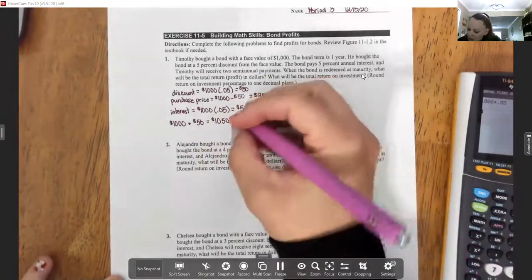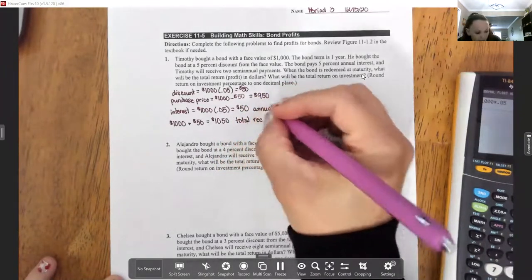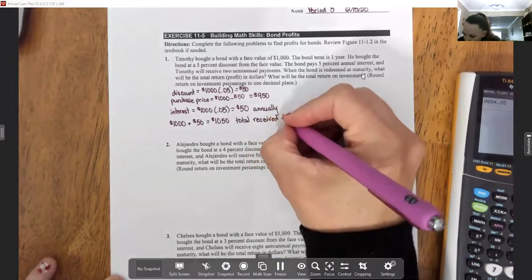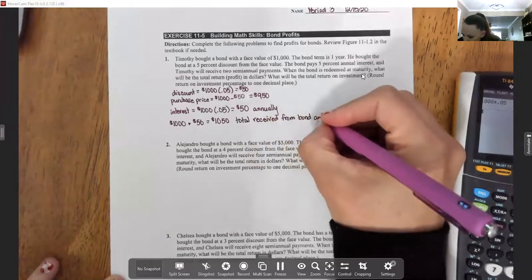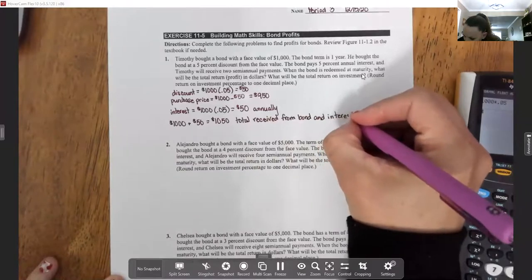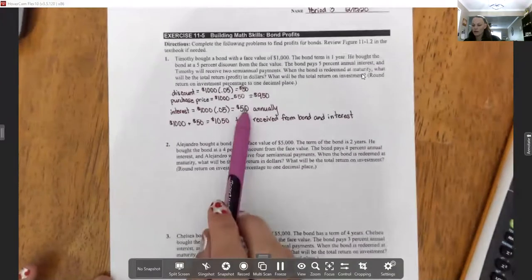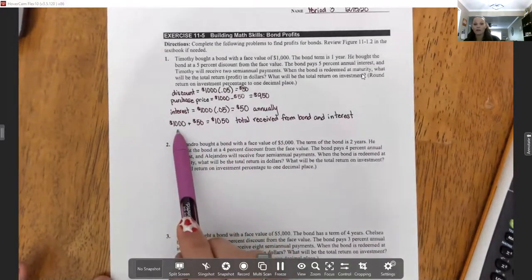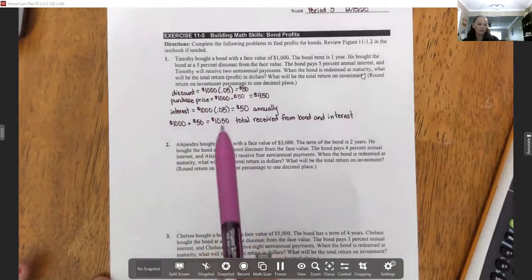That's going to be the total received from the bond and interest. So at the end of the year, he'll get the second part of his interest, and so he'll have gotten $50 in interest and $1,000 from the bond. So he'll get $1,050.